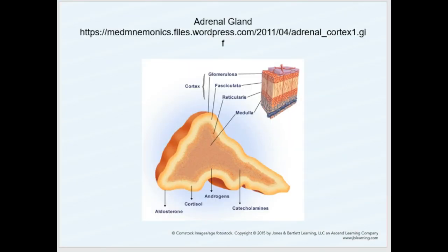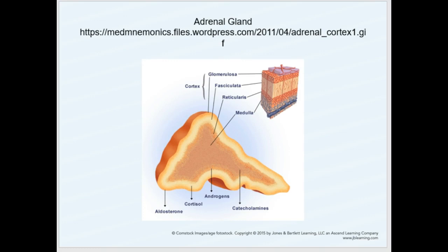And here's a picture of the adrenal glands, and that inner tan portion is the medulla, and the outer lighter tan portion is the cortex. And the cortex is actually broken down into 3 subcompartments: glomerulosa, fasciculata, and reticularis. Don't worry about them. I'm just pointing out that's just the name of the layers of cells.